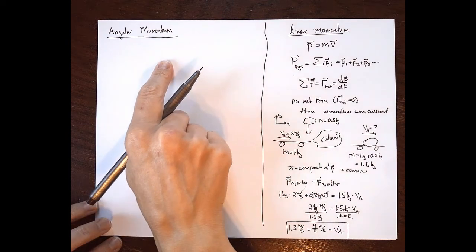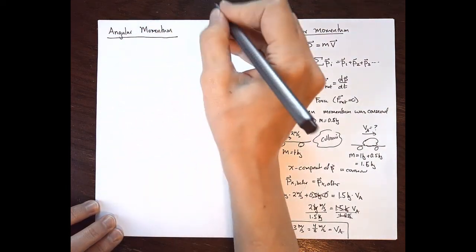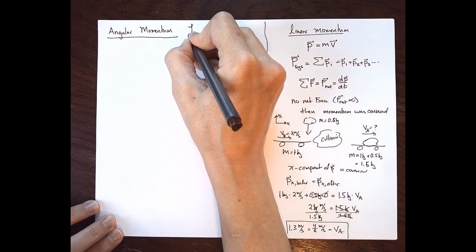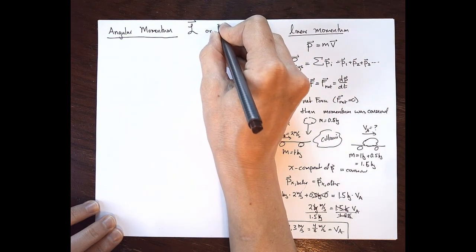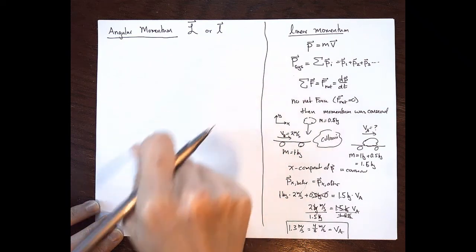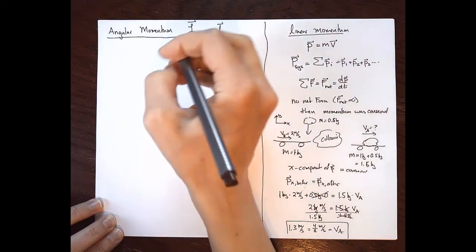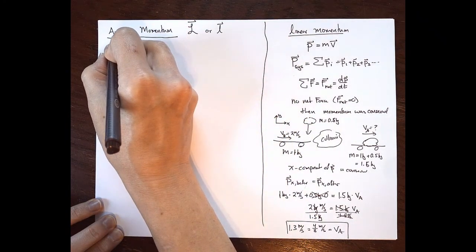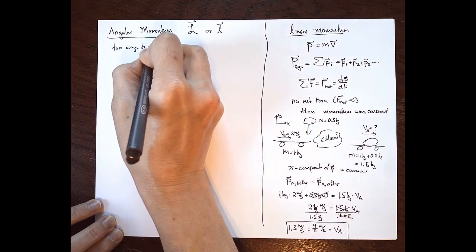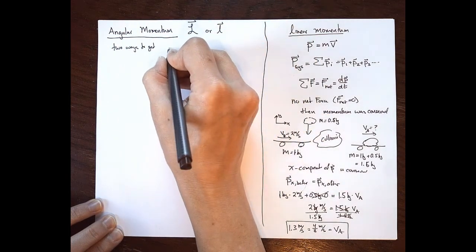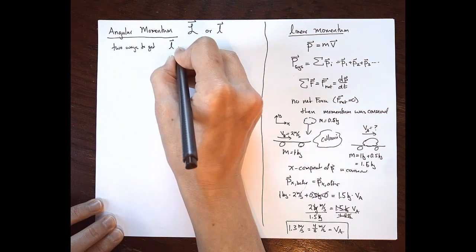For angular momentum, we're going to use the symbol L, and it'll be either a big capital L or a lowercase l, and I'll write them both as scripts just so it's really clear they're L. And there are two ways to find it. The first one, we'll use the lowercase l.